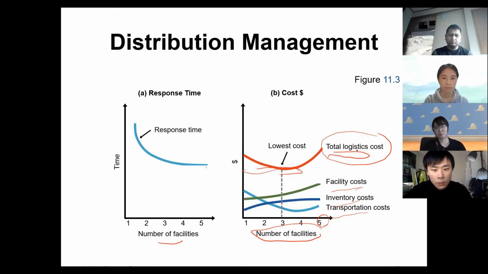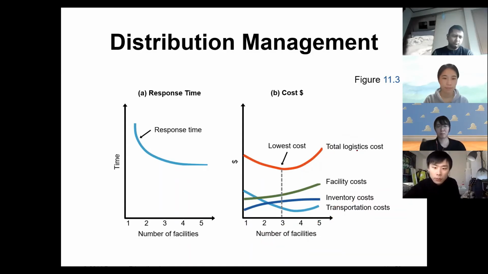How many facilities are required? This is the kind of analysis we make when we decide on distribution channels to minimize our total logistics cost. But I'm going to skip distribution management.